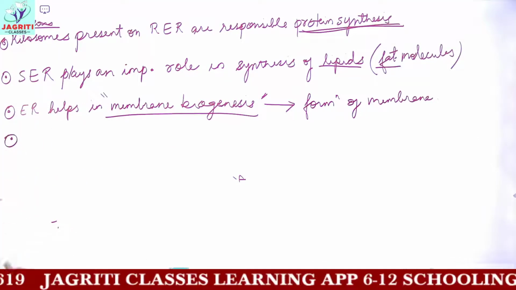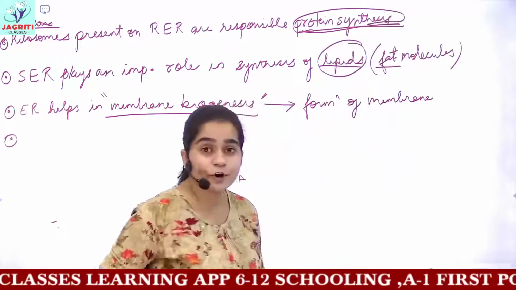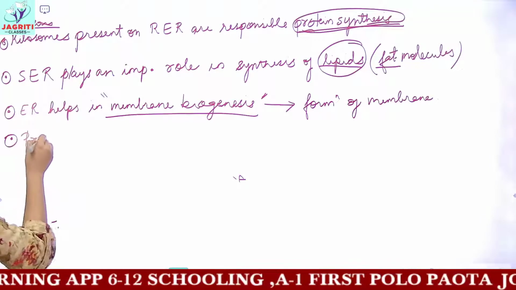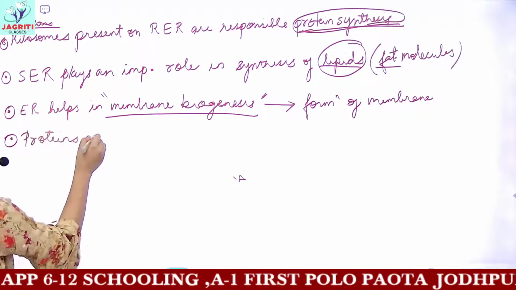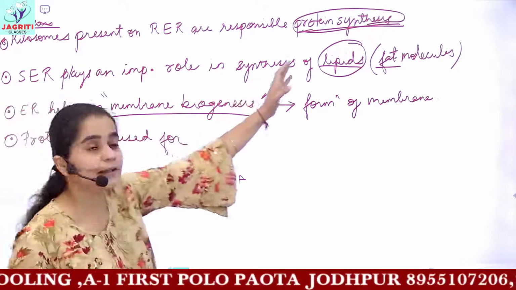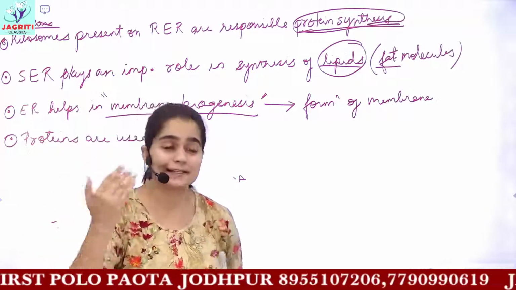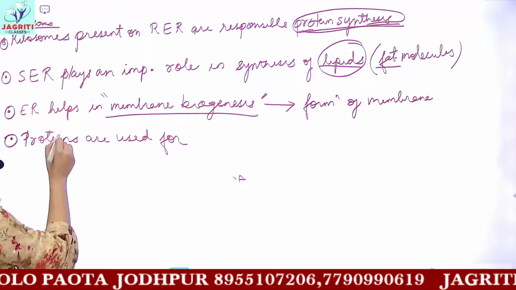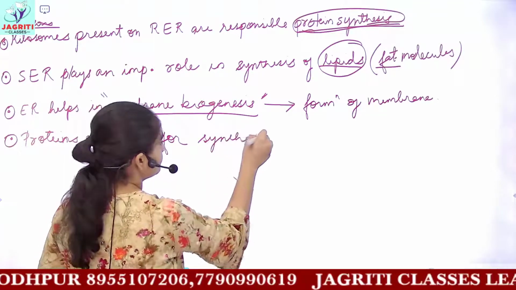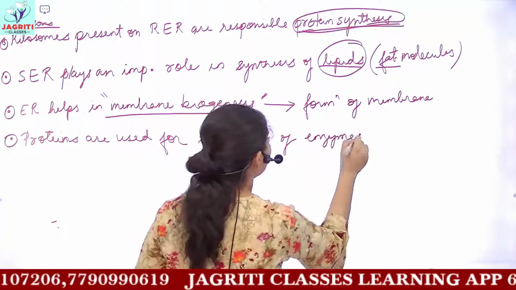The next point you can include that because we get protein and lipids from endoplasmic reticulum itself, these proteins are used. Firstly, they are called the building block of our body, that is, they help in growth and development of any organism. Next function of proteins, that proteins are used for synthesis of different enzymes required by our body.